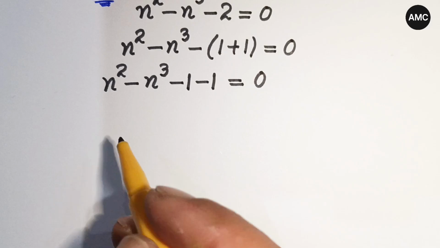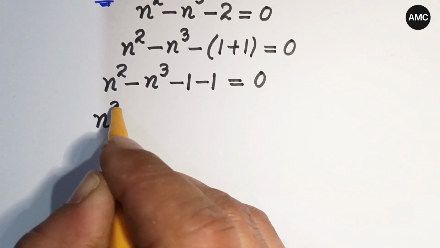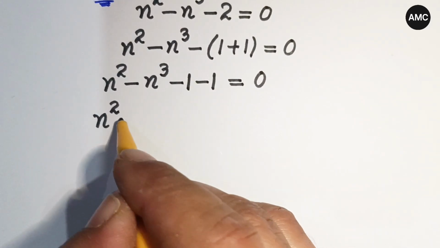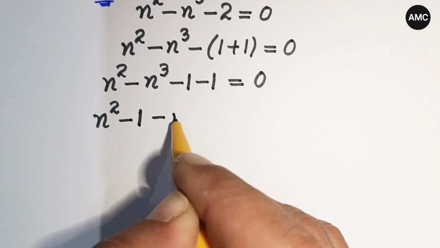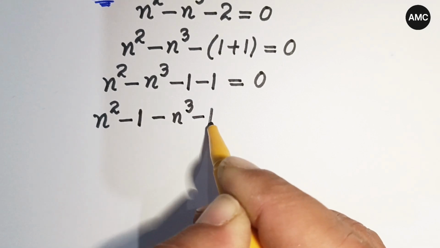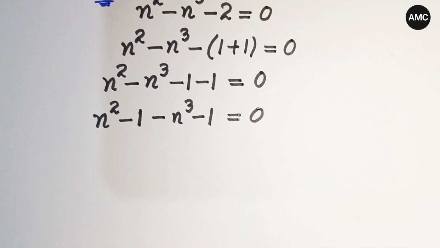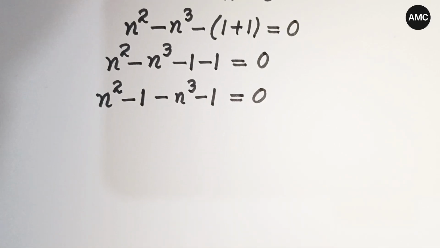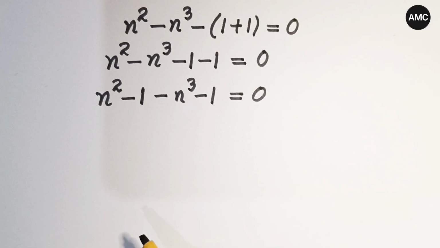Now n squared minus n cubed, that is n squared, if we just write this 1 here, and then minus n cubed minus 1 is equal to 0. Now here we are going to make groups.